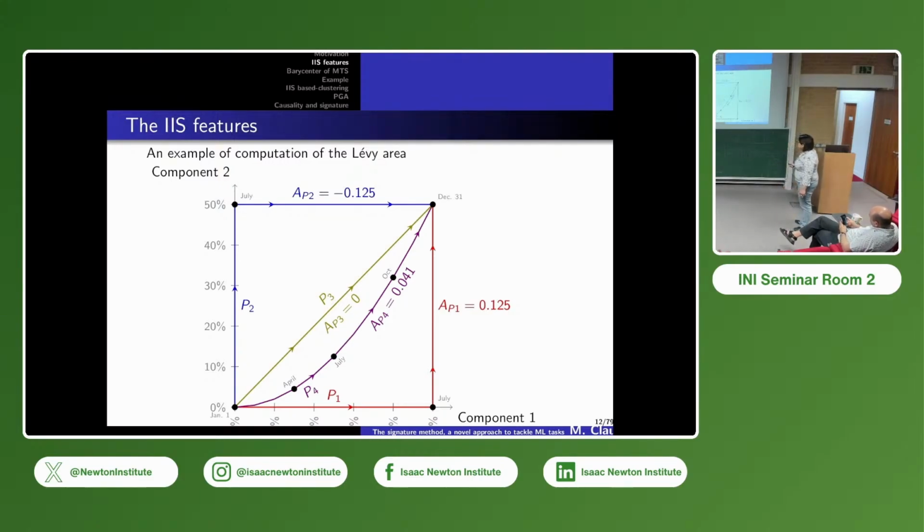If there is no delay between the two components, the skew symmetric part will be 0. If there is a positive delay, that is, if the first component is increasing before the second one, the skew symmetric part is positive, and in the third case, the skew symmetric part is negative. So it is the intuition.